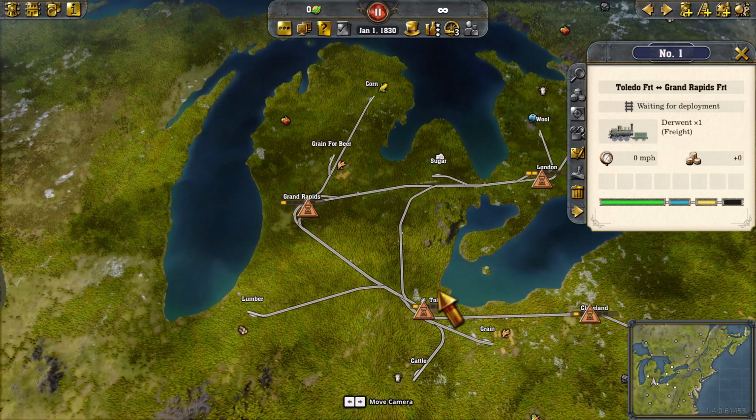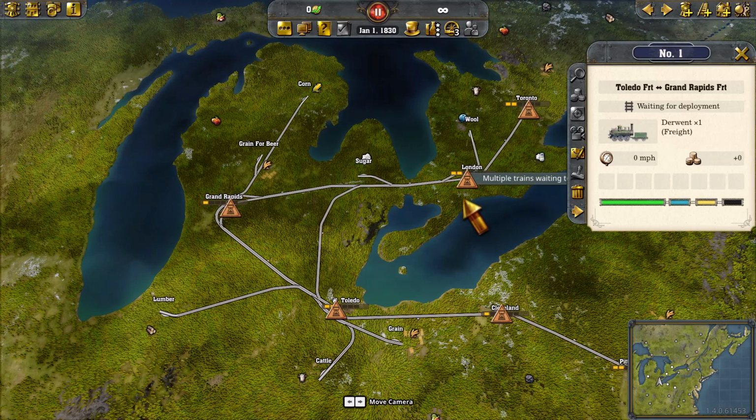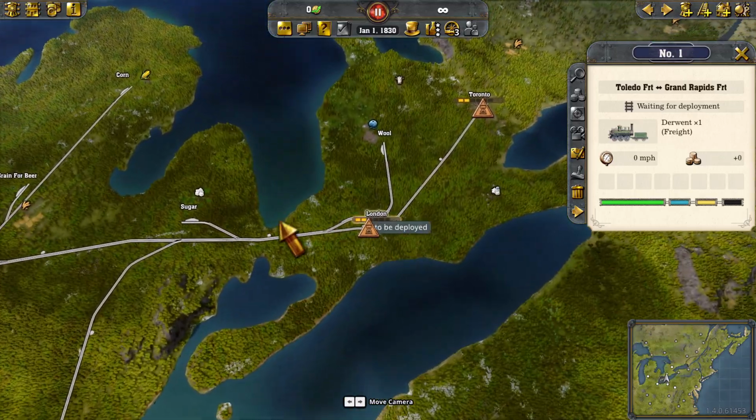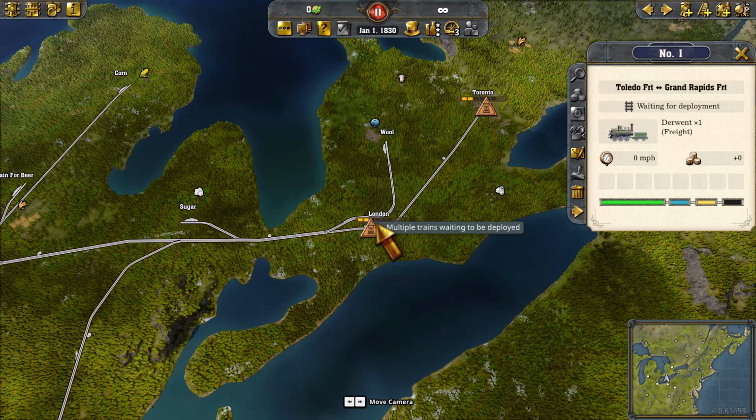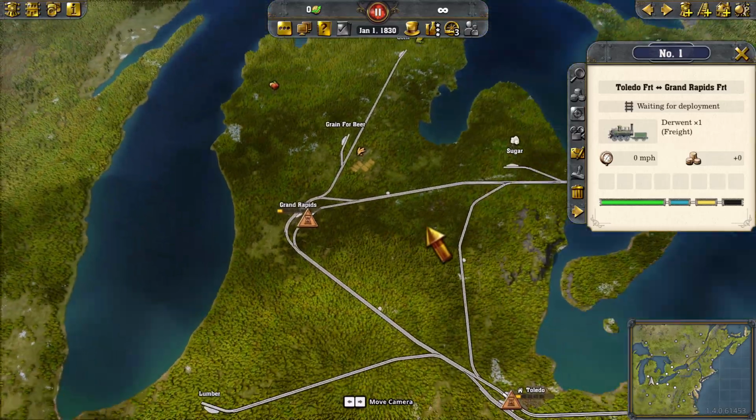Now we need to be able to go from Grand Rapids to London with the beer and the cloth, and we would use the same process. We would look at it and say, okay, over here I've got one raw material and one manufactured good, the cloth and the sugar, and over here I've got the beer and the corn, so they're identical.